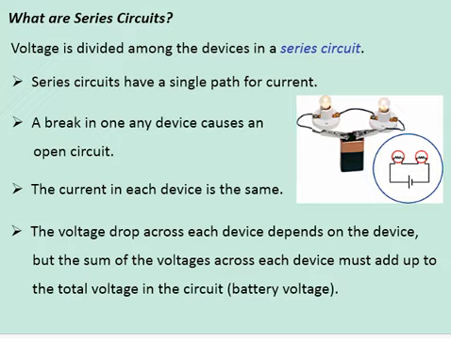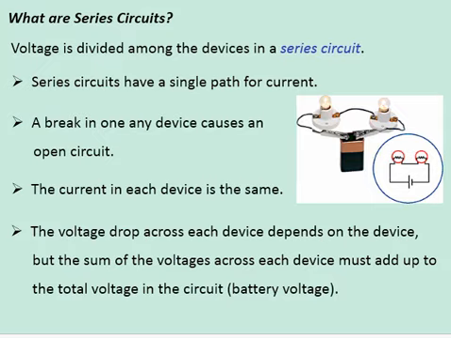So if I had our light bulb in class, for example, connected to a 1.5 volt battery, the voltage drop across the light bulb would also be 1.5 volts. So what happens in a series circuit is you have multiple devices that have to share that 1.5 volts or whatever the voltage is of your battery.